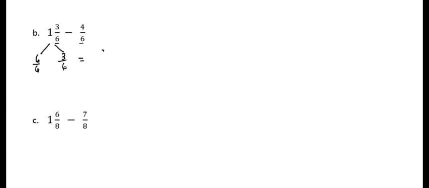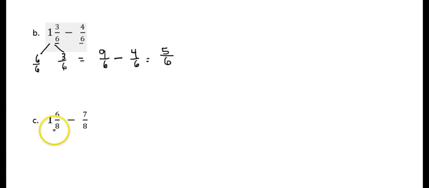Together, that would make 9/6. So instead of saying 1 3/6 minus 4/6, I can change it to 9/6 minus 4/6. Well, if I have 9 pieces and I take 4 pieces away, that would leave 5 pieces, and they are still sixths. So by regrouping using the number bond, that gives me enough sixths that I can do the subtraction.